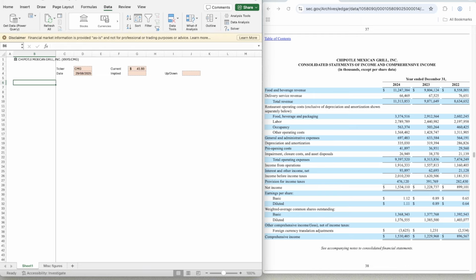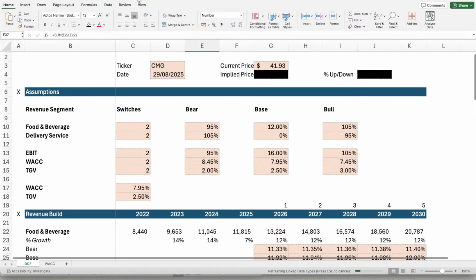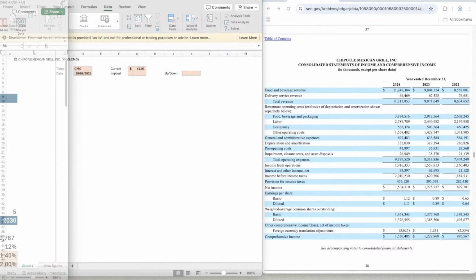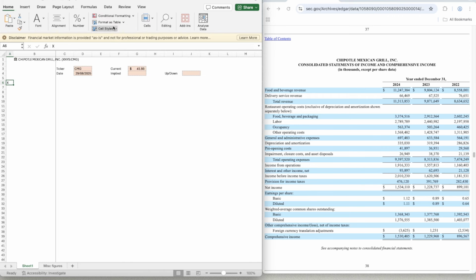So, let me just move this one out of the way. Center there, and we just need to go up to about K, I think.